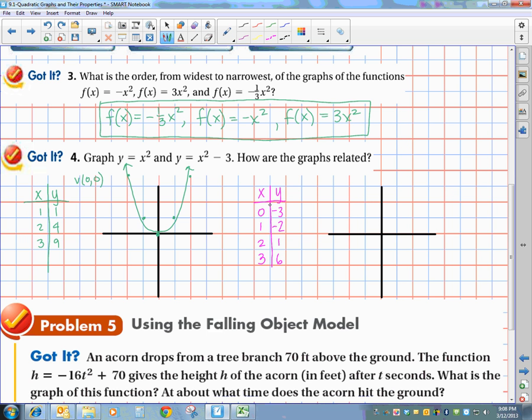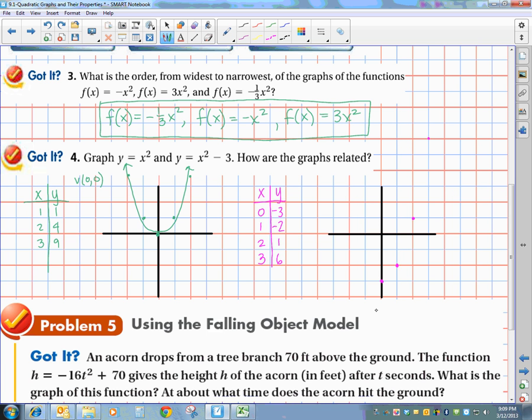So if I were to plot these points, then I would have 0, negative 3. I would have 1, negative 2. I would have 2, 1, and 3, 6, way up here. Okay? Now, the question is, is it symmetric?